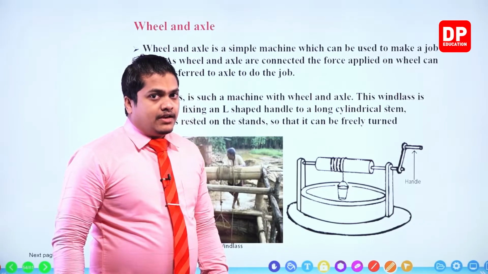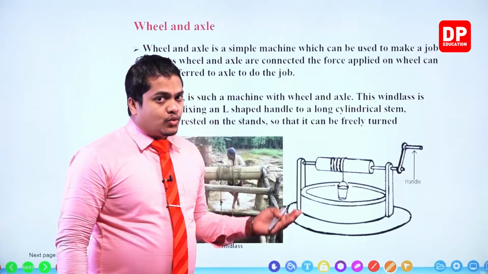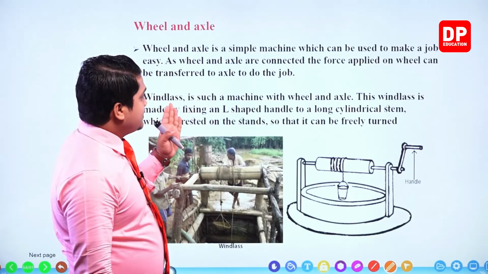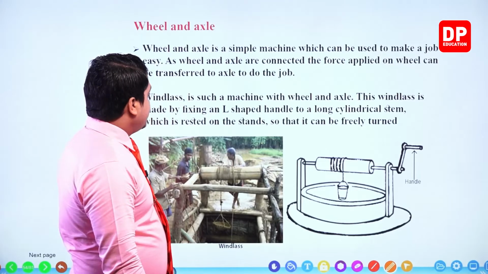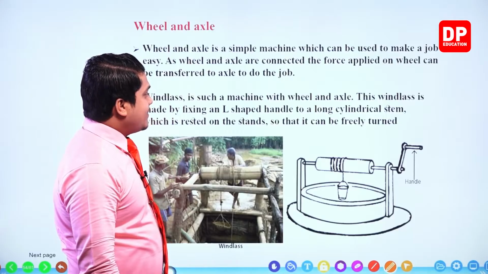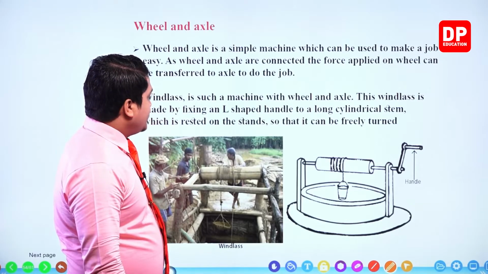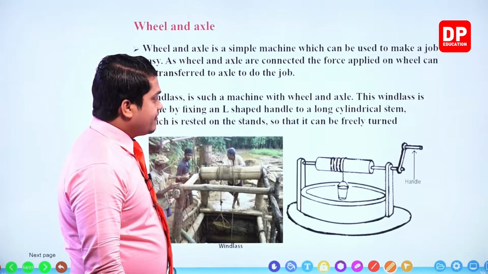By that way we can lift a certain mass through the windlass quite easily, right? This windlass is made by fixing an L-shaped handle to a long cylindrical stem which rests on stands, so that it can be freely turned.